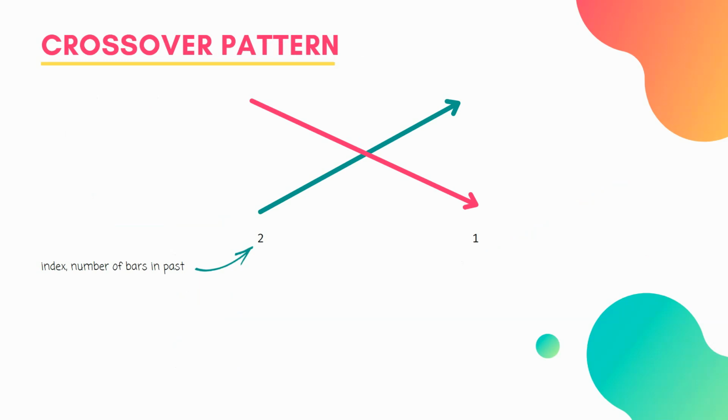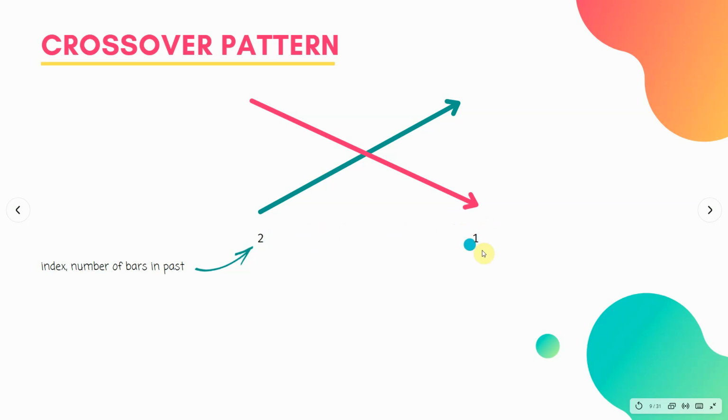So we have to break down the two line crossover, and we have, in computer code terms, our lines, and we're looking at the last bar that closed, which is the bar with the index number 1 bar ago. It's the last one that closed. And we also need to look at the bar behind where the lines were then as well, which is 2 bars ago. So we have the index for the number of bars in the past. So 1 bar back and 2 bars back.